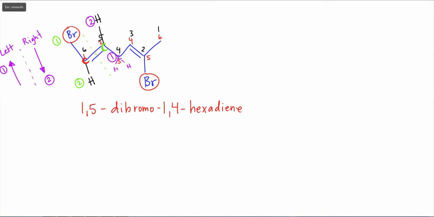So for position 1, this double bond here, across that double bond, my priorities are going in the opposite direction. So I'm going to have E to represent that first double bond. So I'm going to have 1E.